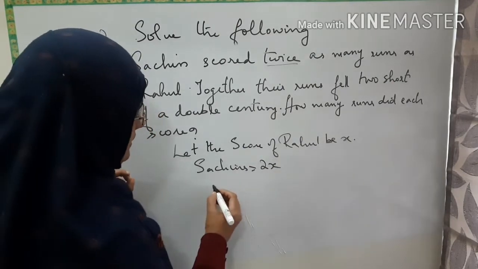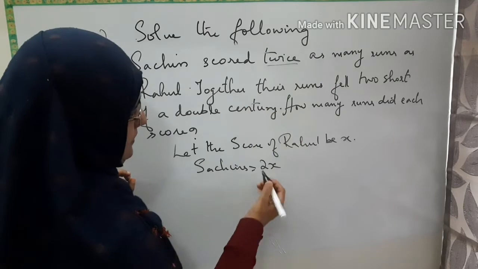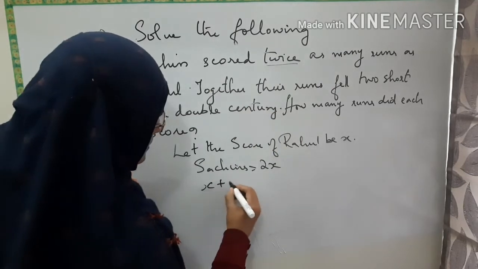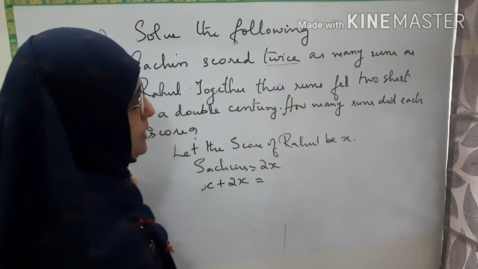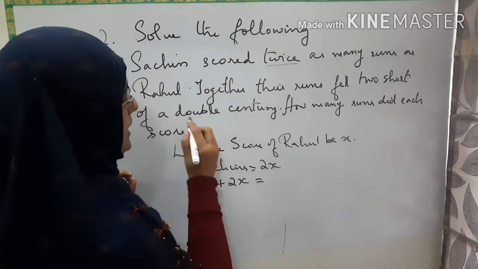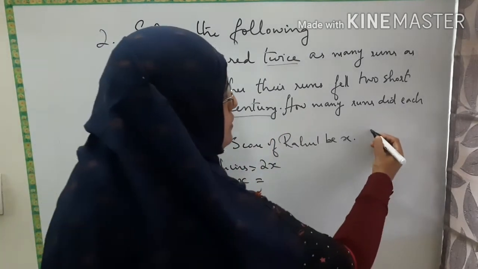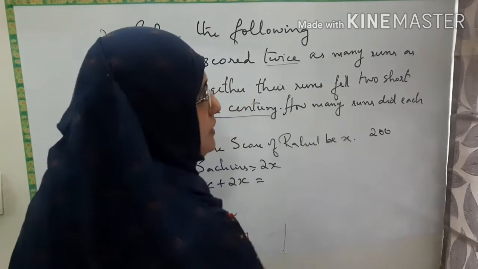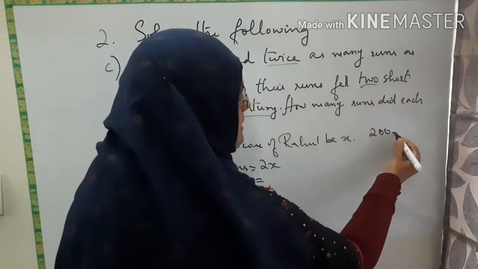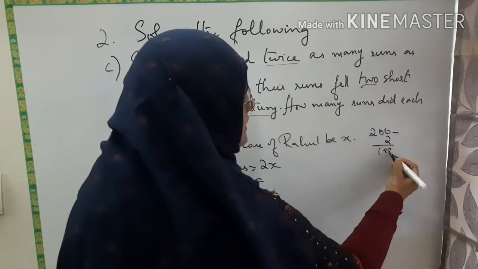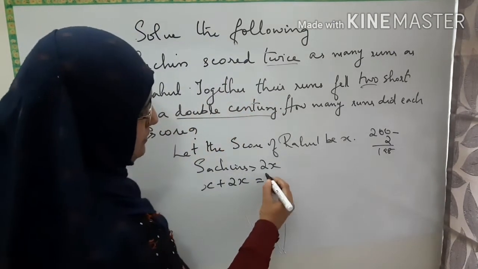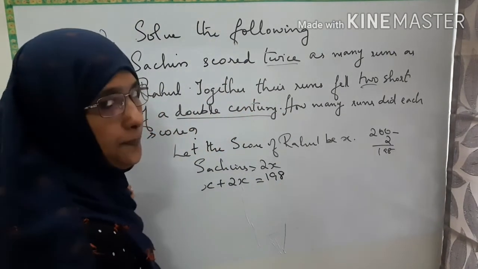Now what is given? Together their runs, that means when you add these two runs, you will get 2 short of a double century. What is a double century? Double century is 200, isn't it? 2 short of that, that is 200 minus 2, that is 198. So when you add these two, you will get 198.